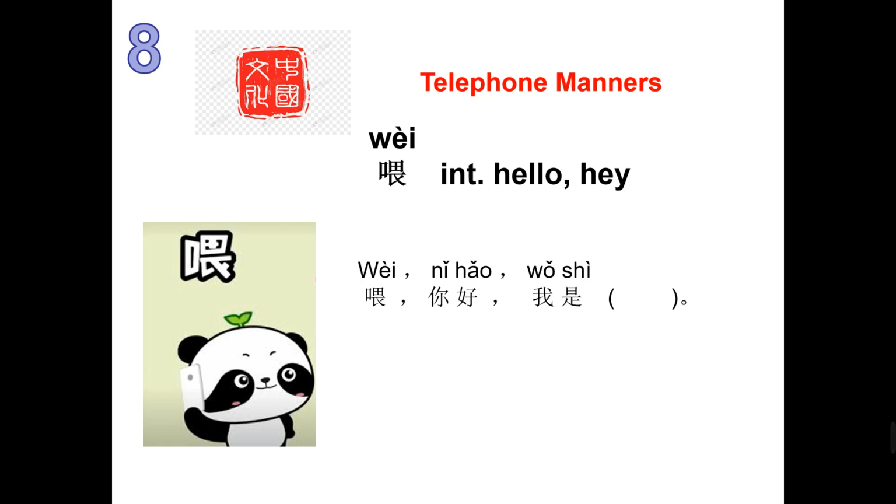For example, when we call somebody, we can say 喂，你好，我是。For example, if I call one of you, I can say 喂，你好，我是邓旭妍。哦，喂，你好，我是老师。Just like this.